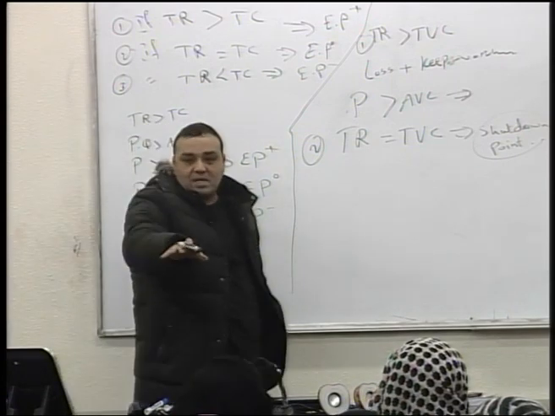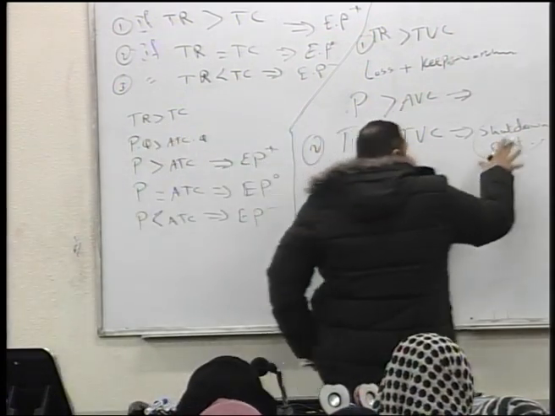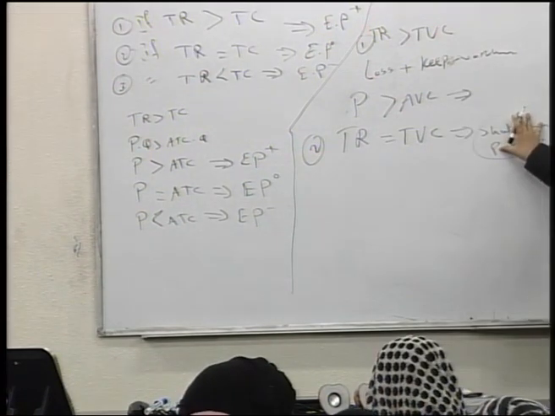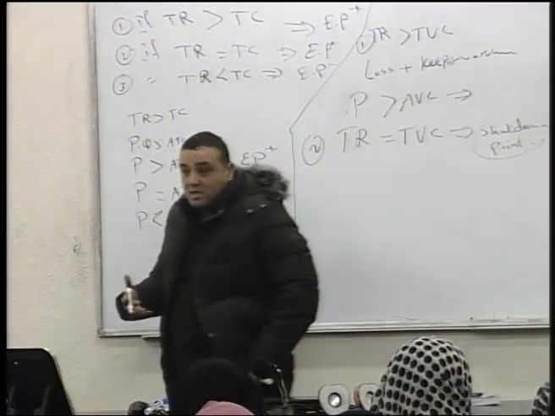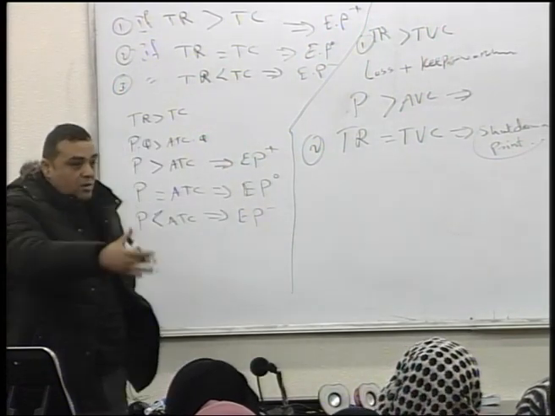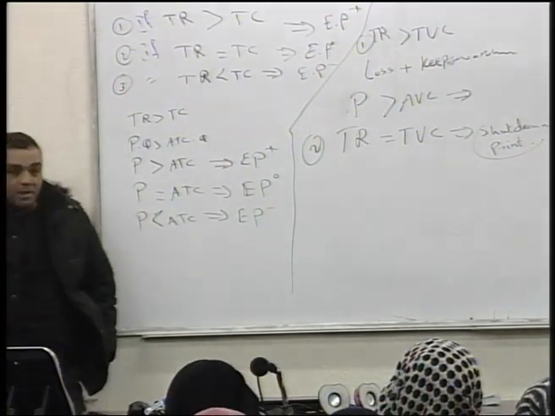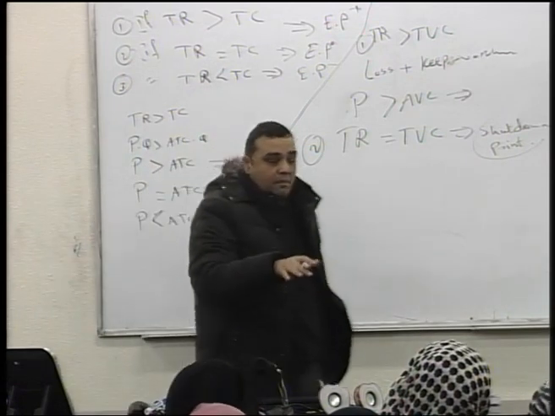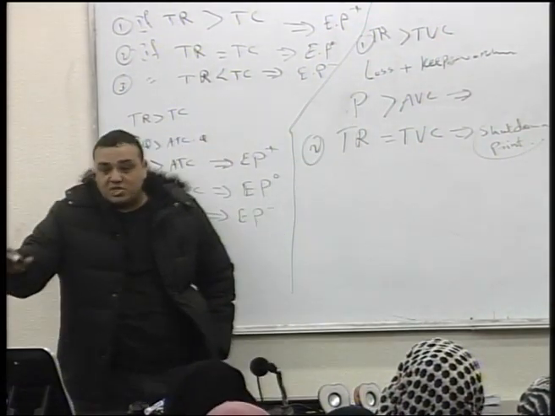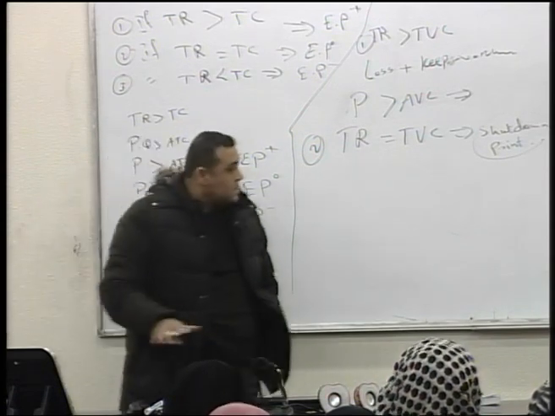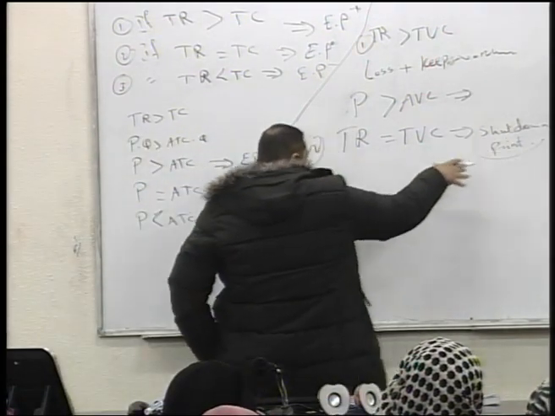Sometimes we have a loss, but in this case the business is confused whether to keep working or to shut down. Keeping working equals shutting down, so this is the shutdown point.